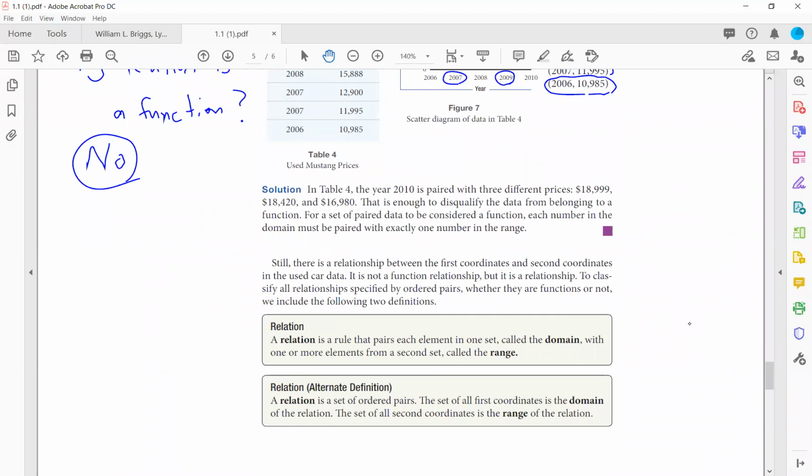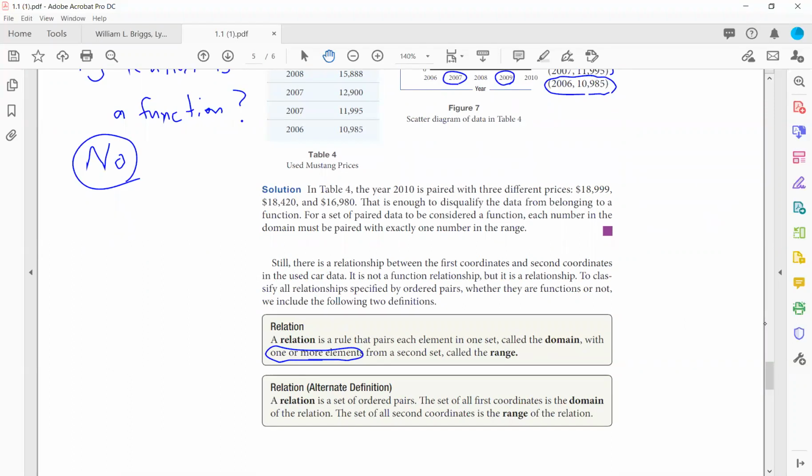So a relation is a rule that pairs each element in one set, the domain, with one or more elements from a second set that we call the range. In a function we don't have "or more."